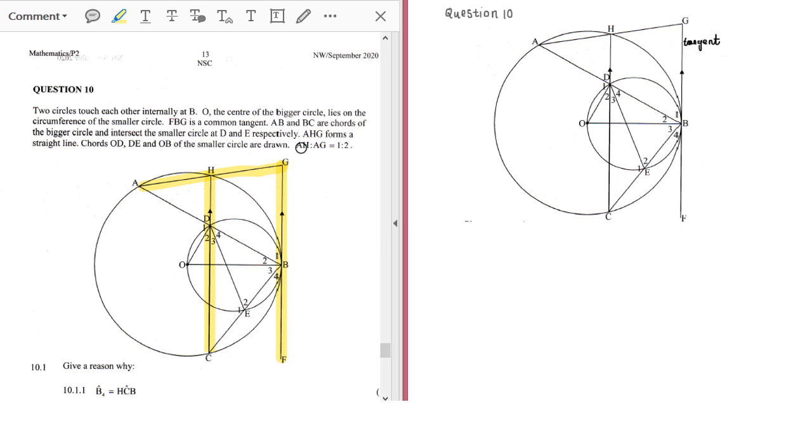They're using a very interesting way to tell us that AG is twice AH. So what they're saying is that you were given that AH to AG is in the ratio 1:2.